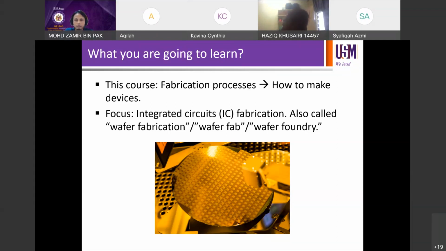As long as you learn IC fabrication, you should be able to adapt the very same process for other devices.